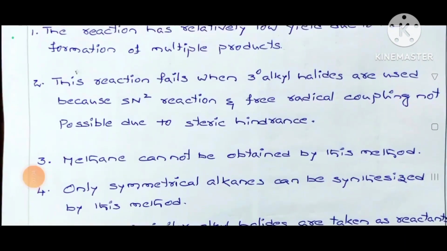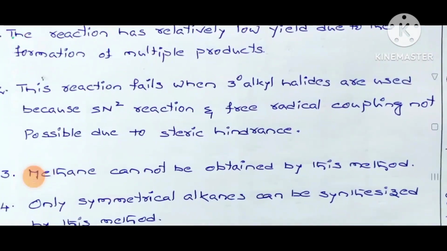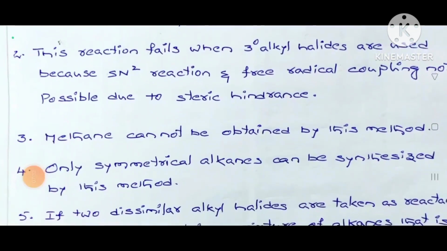The second limitation of Wurtz reaction: it fails when tertiary alkyl halides are used because SN2 reaction and free radical coupling are not possible due to steric hindrance. Steric hindrance means lowering of chemical reactivity due to the presence of bulky groups. So because of steric hindrance, tertiary alkyl halides are not suitable for Wurtz reaction.